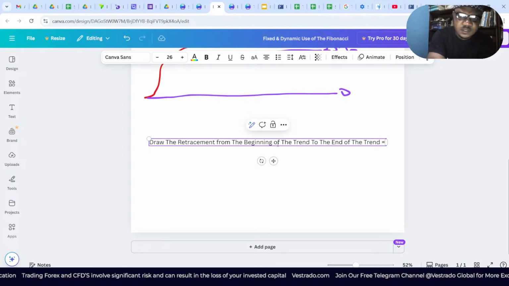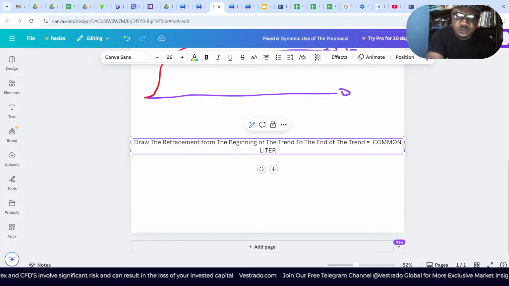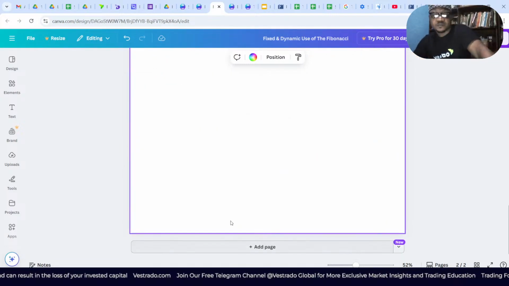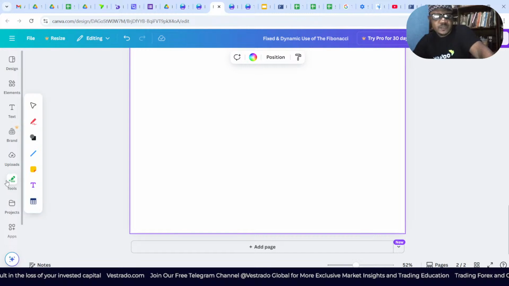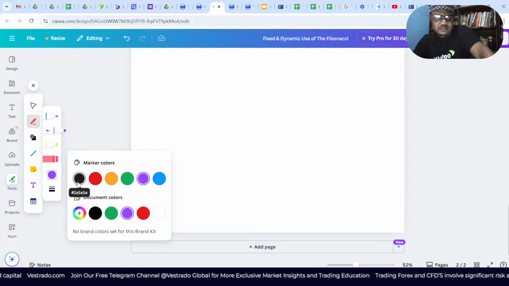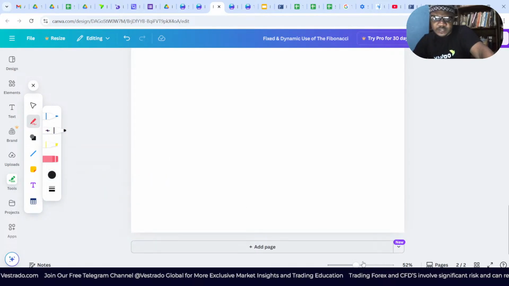This is common literature knowledge. Now, it poses a problem. The problem is this. What if you have a trend that goes like this?